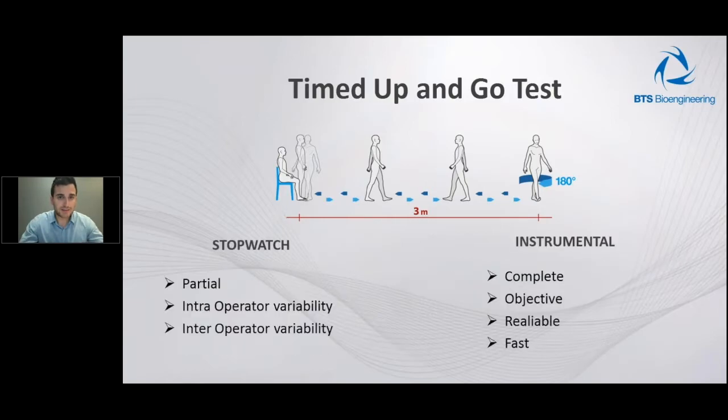By evaluating the Timed Up and Go test using a stopwatch, we lose important information on the subphases for characterizing the patient situation. So we can consider it a partial evaluation. And in addition, we have intra-operator variability and inter-operator variability.